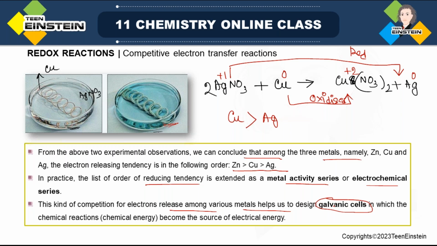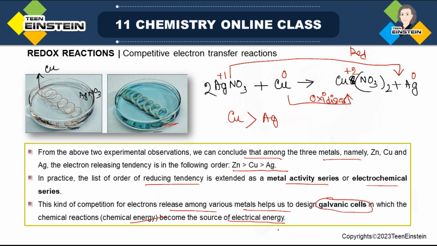For this type of spontaneous chemical reaction, we can convert the energy to electrical energy. That is the conversion of chemical energy to electrical energy, and we can do that in a galvanic cell. So chemical energy becomes the source of electric energy, and it is only possible for reactions which are spontaneous.